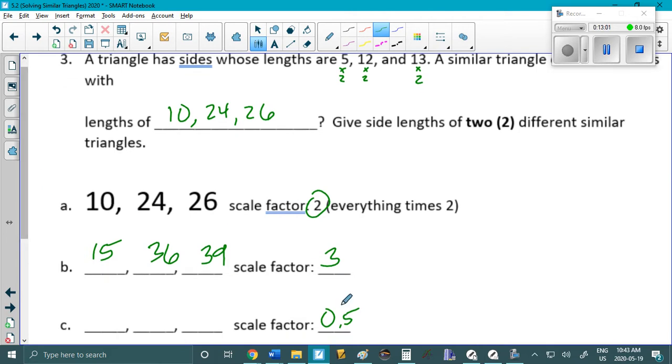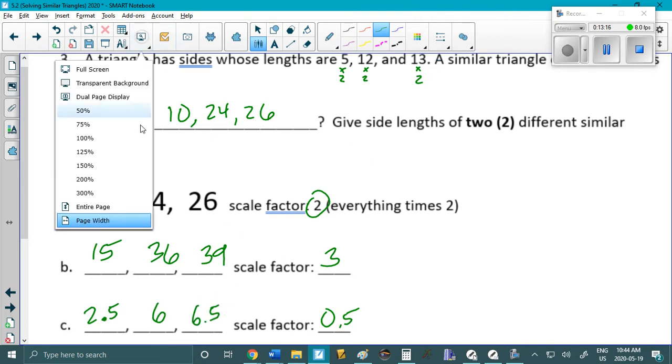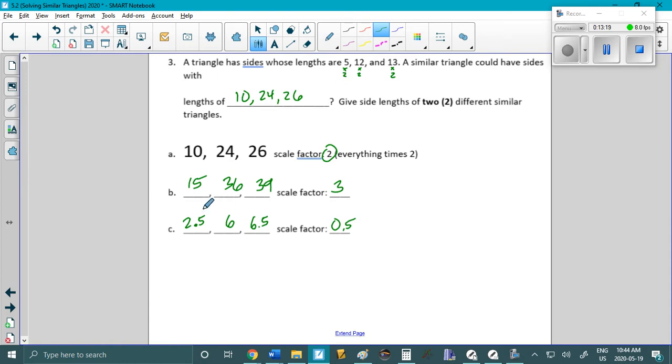And for the last one, my scale factor is 0.5, so I'm multiplying each number by 0.5. So 5 times 0.5 is 2.5. 0.5 is just half. Half of 12 is 6, and half of 13 is 6.5. So all of these triangles are similar.